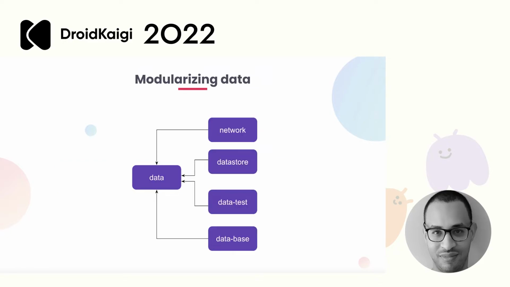Next, we can modularize our data modules and just have one single responsibility for each data module. As you can see, you can have a module for networking, a module for data store, for data test, and for database.